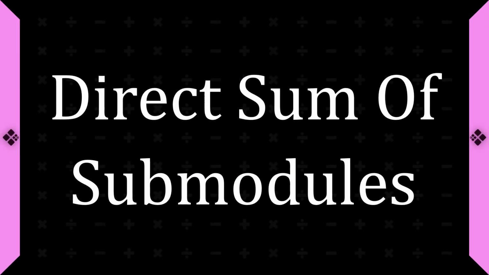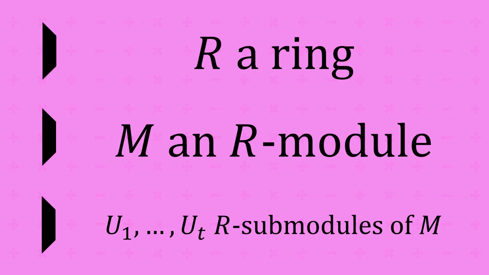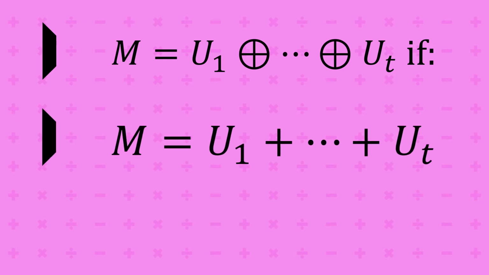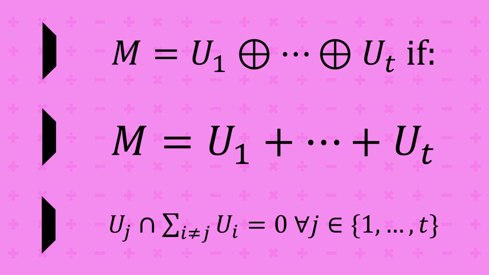Now we're going to define the direct sum of submodules. Let R be a ring and let M be an R-module, as well as letting U_1 to U_t be R-submodules of M. M is the direct sum of U_1 to U_t if, first, every element of M can be expressed as the sum of elements from the submodules U_i, and second, if the intersection of U_j with the sum over all i not equal to j of the U_i is equal to 0 for all j from 1 to t.